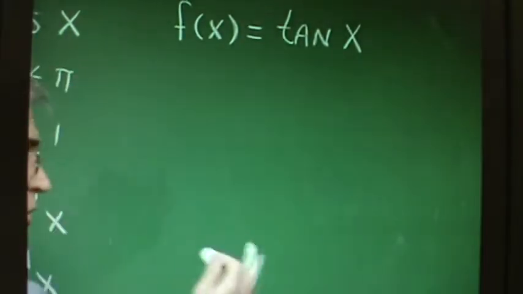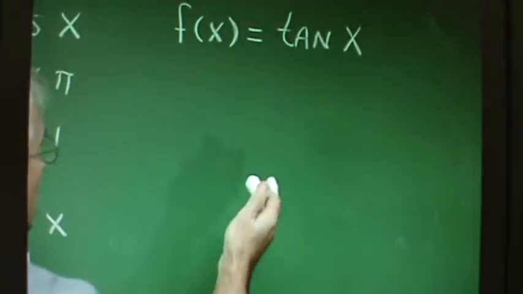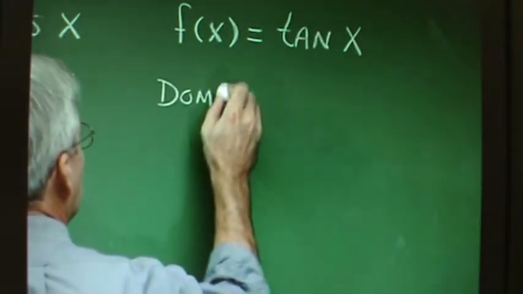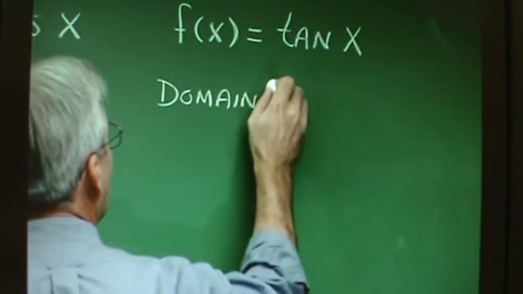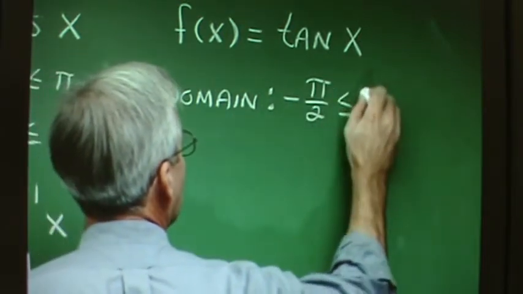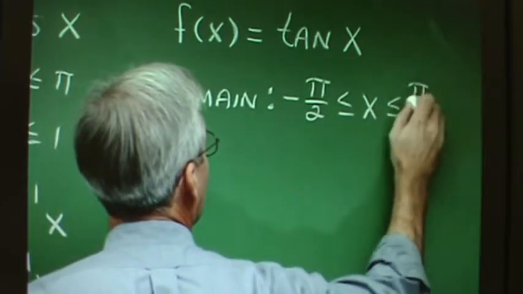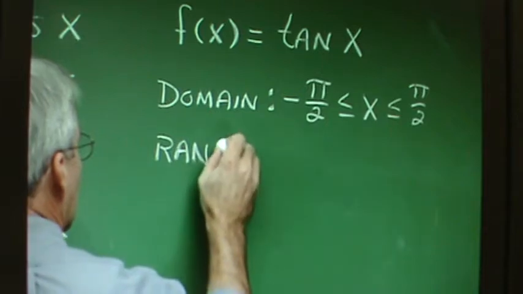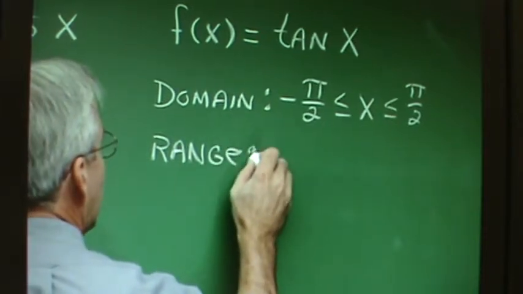Now, but domain and range are a little different with tangent. Remember that the domain we're limiting to -pi/2 to pi/2. But the range, y values that are on the graph, all real numbers.